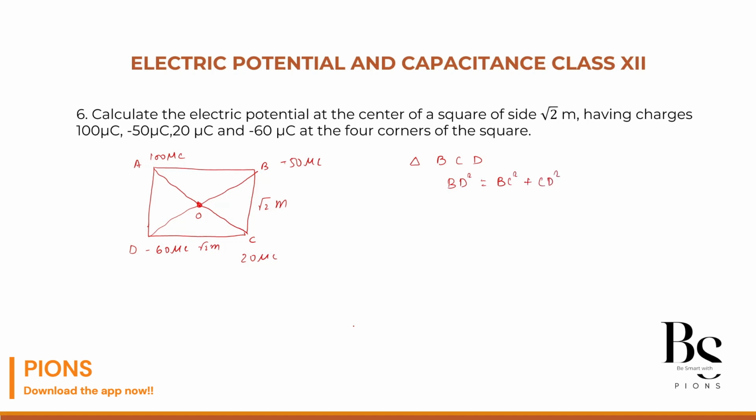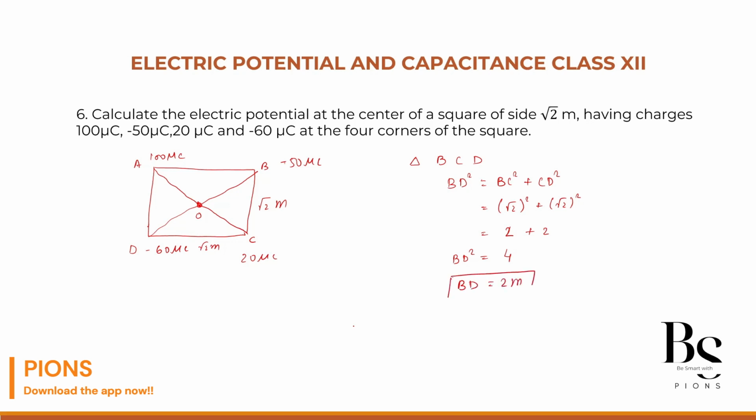Using Pythagoras theorem, BD square is equal to BC square plus CD square. BC is root 2, so root 2 square, and CD is also root 2, so root 2 square. Root 2 square gives 2 and here also 2, so this gives 4. Now BD square is 4, so BD will be 2 meters.